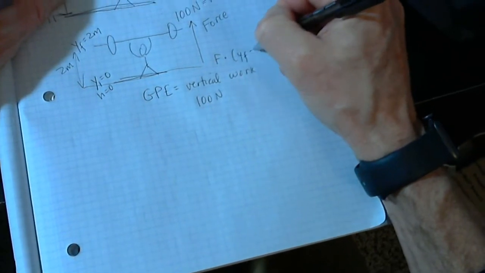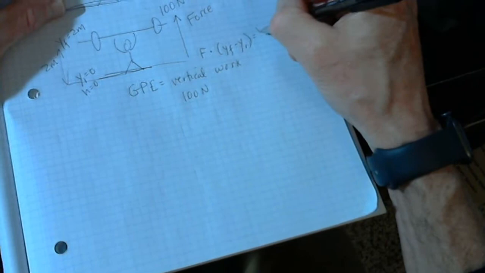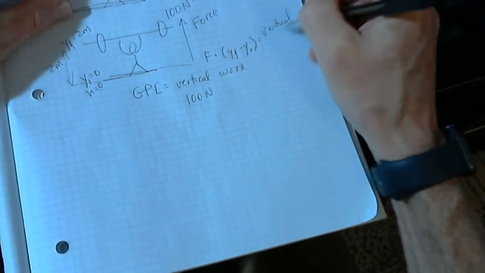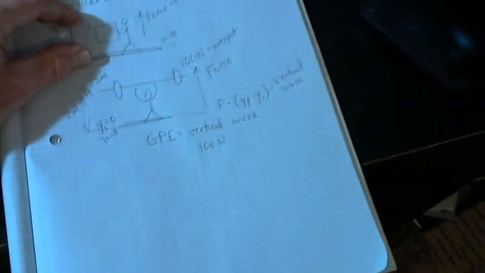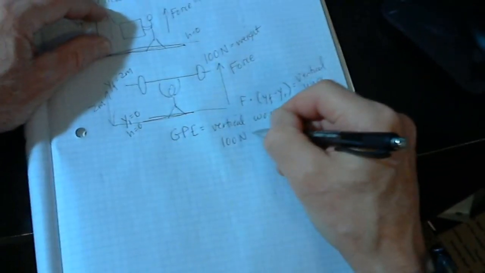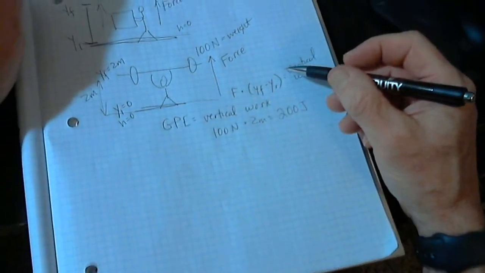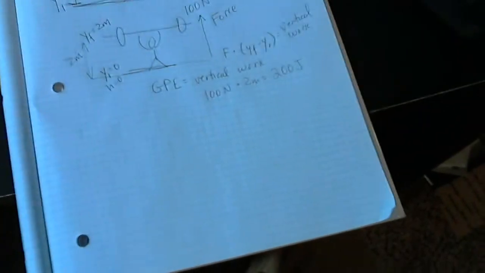Now it's really YF minus YI, and that'll be my vertical work. So I'd have 100 newtons times my 2 meters, or I've done 200 joules worth of work on the barbell, and now it has 200 joules worth of GPE. Now, if the barbell comes down, it's going to change that GPE into kinetic energy.